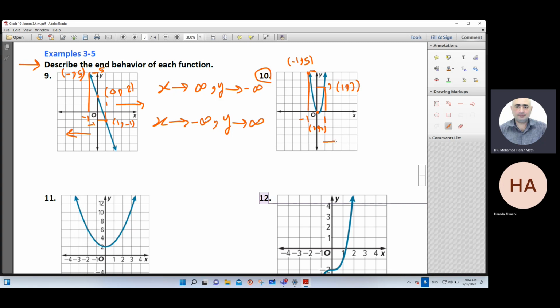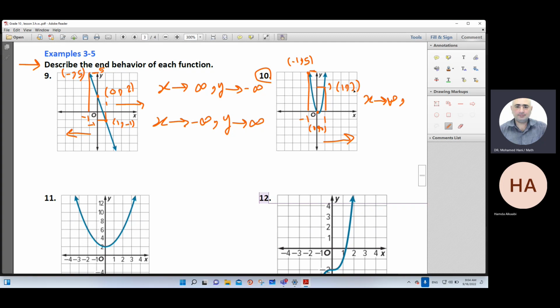Right. If you go right, as you see here, x will be -1, then 0, then 1, means x increases, means goes to the infinity. And y, 5, then 0, then 3.